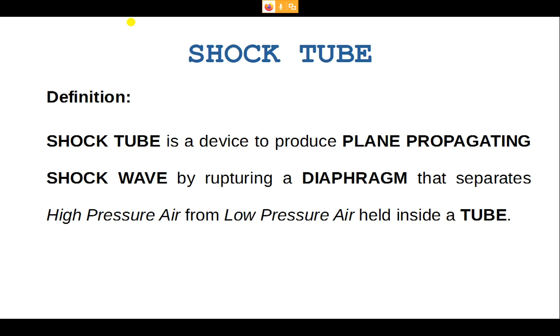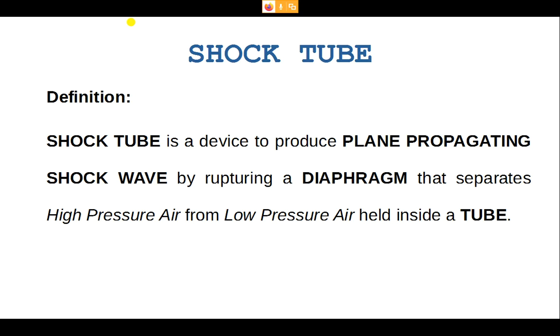So basically it is a tube separated by a diaphragm, with a high pressure region on one side and a low pressure region on the other. If you rupture the diaphragm, a plane propagating shock wave is produced, and it moves towards the low pressure side.